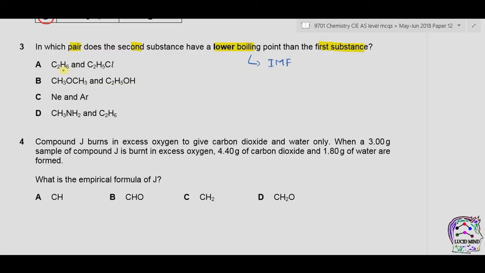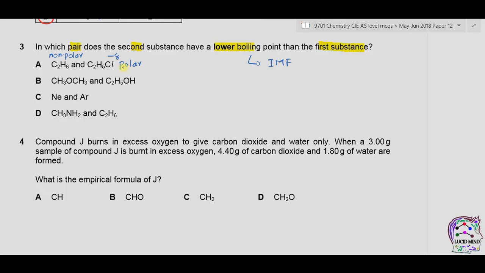We have ethane, C2H6 and chloroethane. Now the electronegativity difference between carbon and hydrogen is not much, so therefore ethane is non-polar compound. While in C2H5Cl we have chlorine atom present that is more electronegative, so it will bear partial negative charge, so therefore this compound is polar in nature.